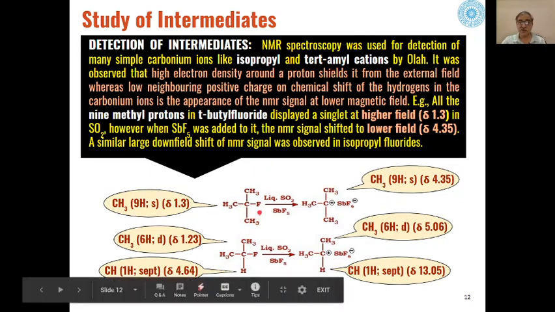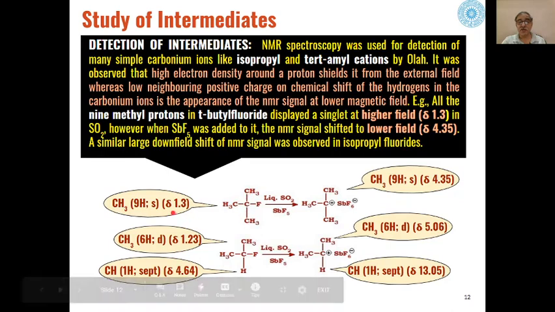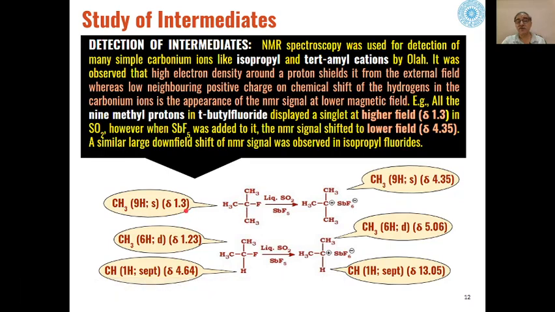For example, if this tertiary butyl fluoride is reacted with SbF5 in liquid ammonia and NMR is taken, the NMR for this substrate gives a signal for methyl as a singlet for these 9 protons at chemical shift 1.3 delta.